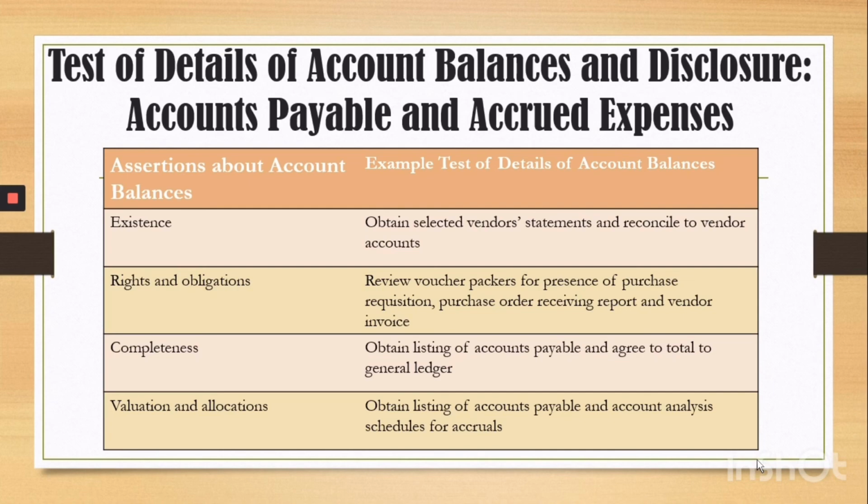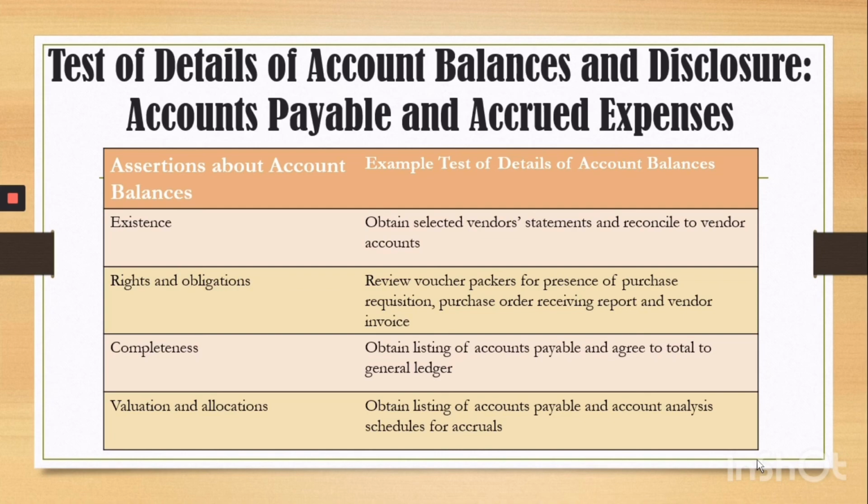The second component is on the rights and obligations. Accounts payable and accrued expenses are the two accounts that are the obligation of the entity, not third party obligations, but the obligations of the entity itself. So, the test of details that can be performed by the auditor is by reviewing the voucher packets for presence of purchase requisition, purchase order, receiving report, and vendor invoices.